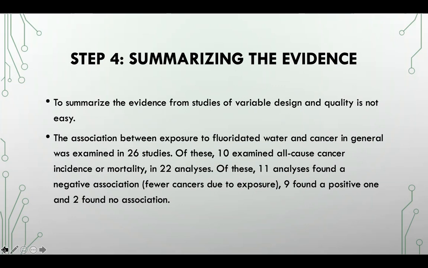Then the next and toughest part is how you summarize the different evidence from all the reviews that you have done. The example we have taken in previous lectures is whether fluoridating water is cancerous or not.